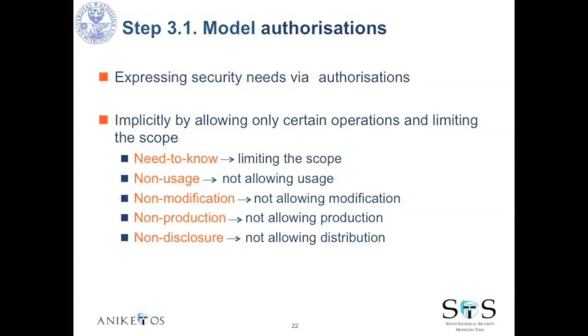So differently from the social view in which we represent or express security needs explicitly over goal delegations, here in the authorization view, we express security needs implicitly by allowing or not allowing certain operations and limiting the scope. So when limiting the scope in a certain goal, we actually are expressing a need to know security need.